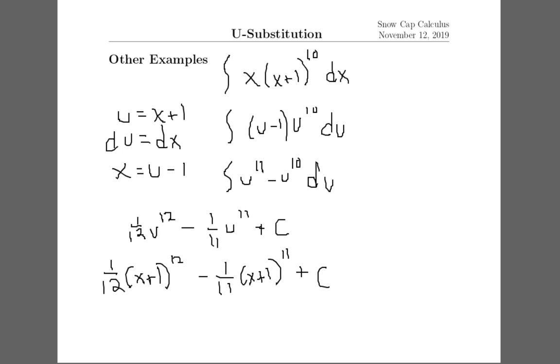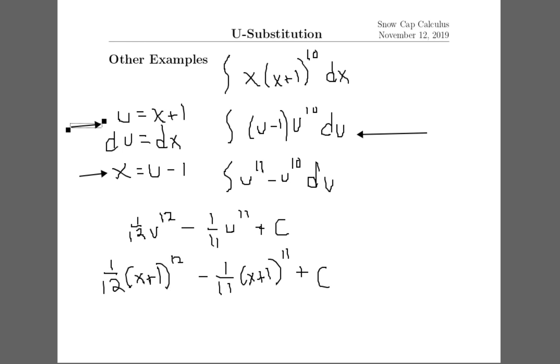So when we plug in, so in this second step right here, we're just plugging in our values for u and x that we found over here. So we plug those into that second integral, and we multiply this u minus 1, which is x, times u to the 10th, which we found up here. And when you multiply that out, it gives us u to the 11th minus u to the 10th.